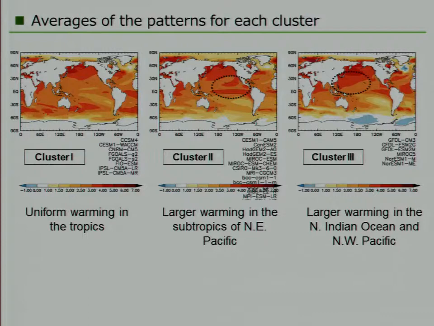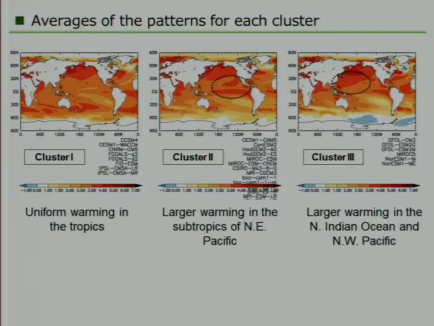and this is the average of the patterns for each cluster. In cluster 1, we can see rather uniform warming in the tropics, just like here. And in cluster 2, larger warming in the tropics and subtropics in the eastern Pacific.